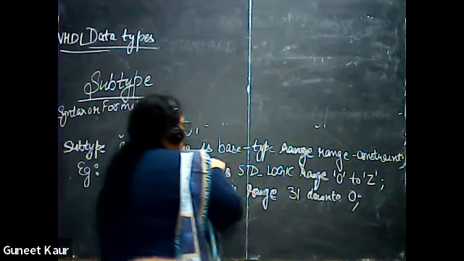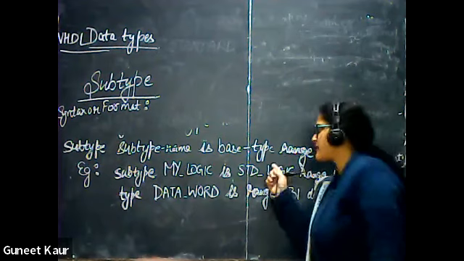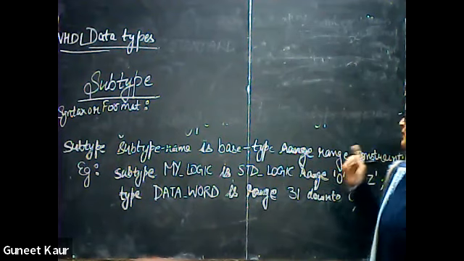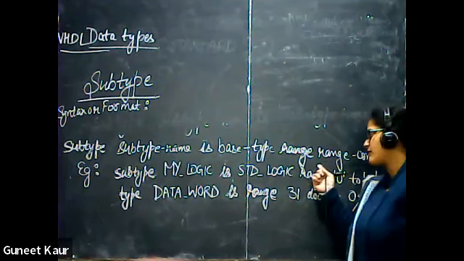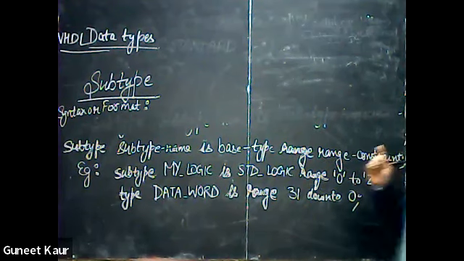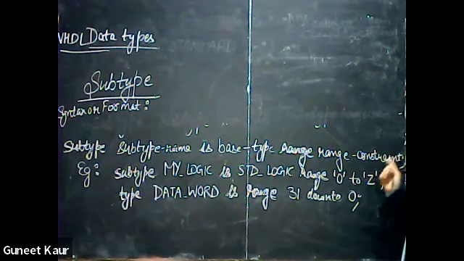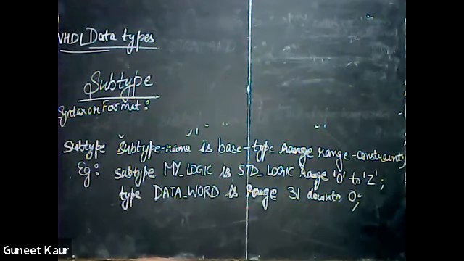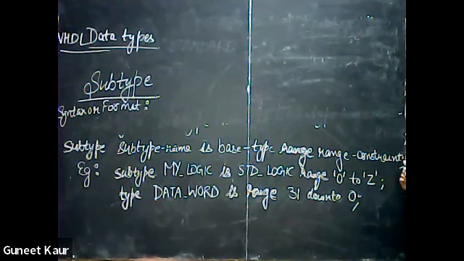Then is the keyword that should be in bold in this language. Then I have to mention the base type. Then the range word is your reserved keyword, and then I have to define the range. So that's why I will use the keyword range. It should be bold. Then range constraint means the range which is to be used.